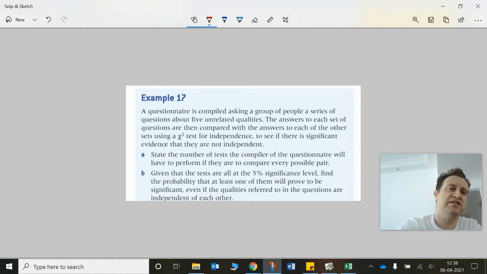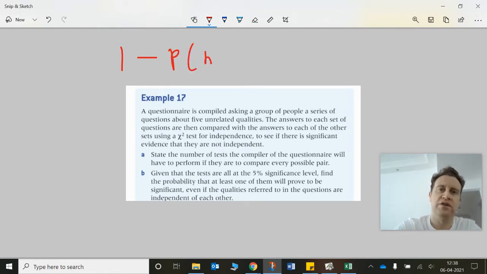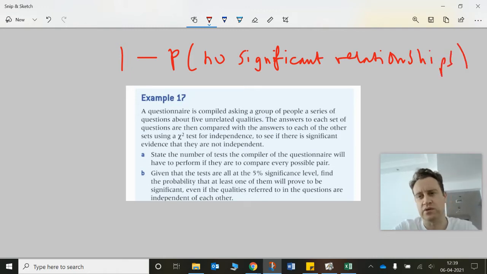So the probability of at least one of them being significant is the same as the probability of 1 minus there being no cases which are significant. So the probability of no significant relationships.